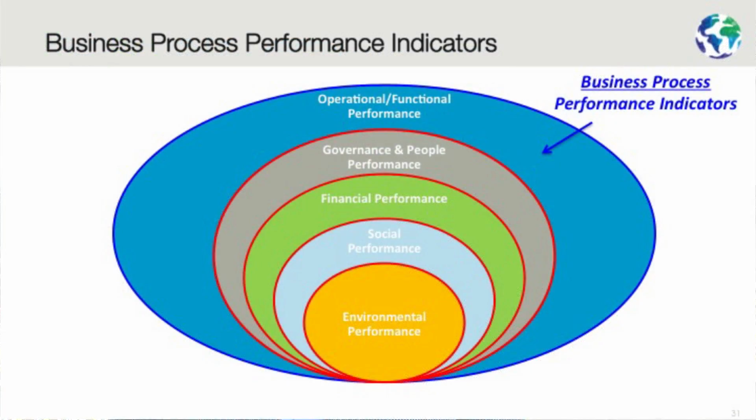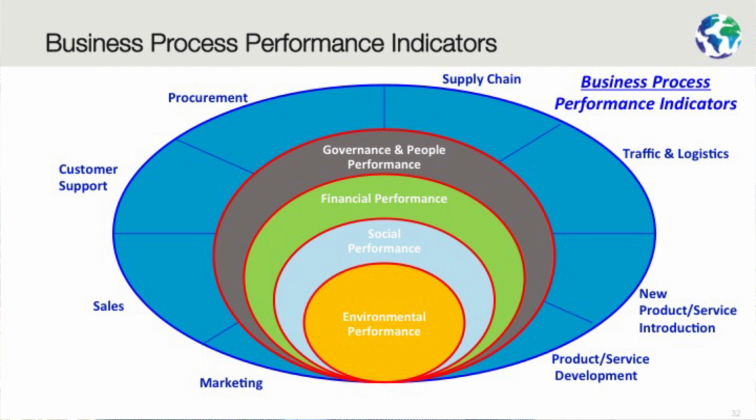Let's now look at business process performance indicators. And as stated earlier, in this grouping, we look at the performance of each functional department in the enterprise, from marketing, sales, customer support, procurement, supply chain, traffic and logistics, and of course, new product service introduction and the development of new product and services.